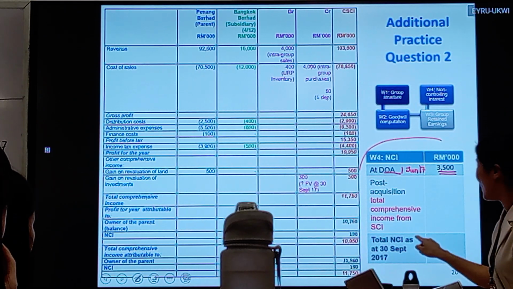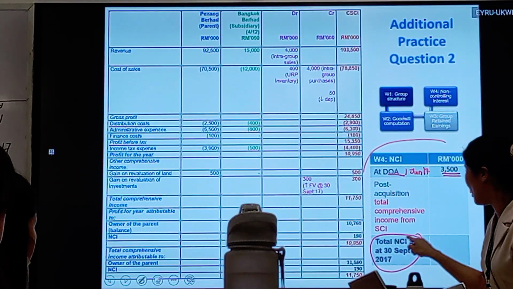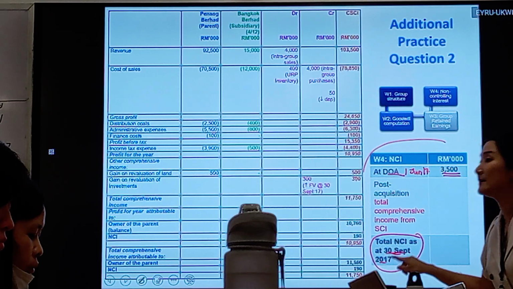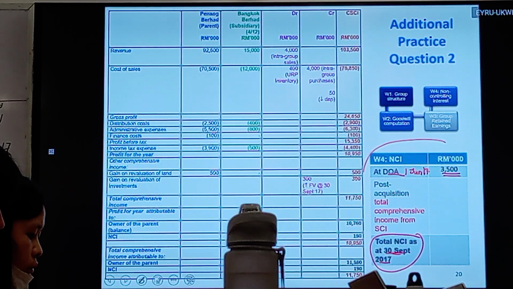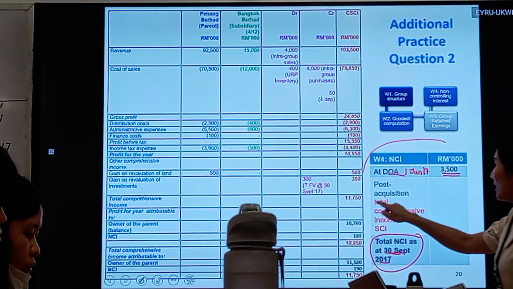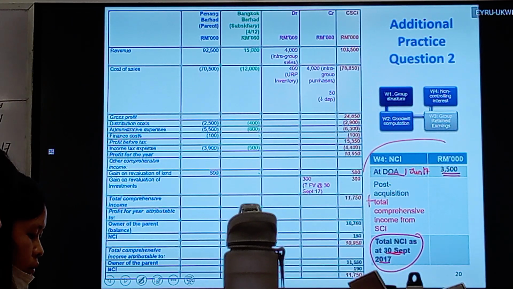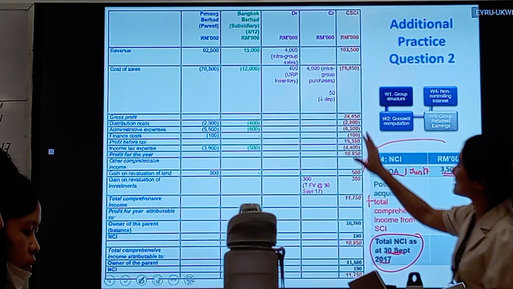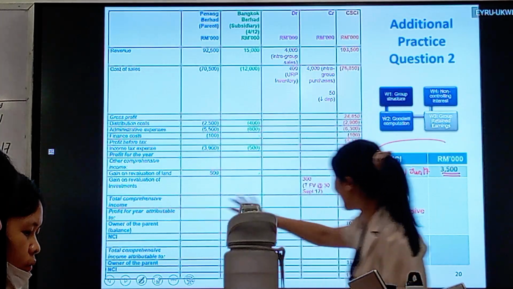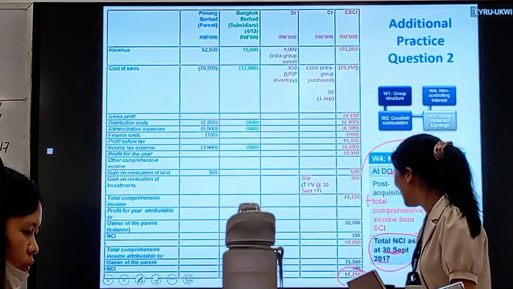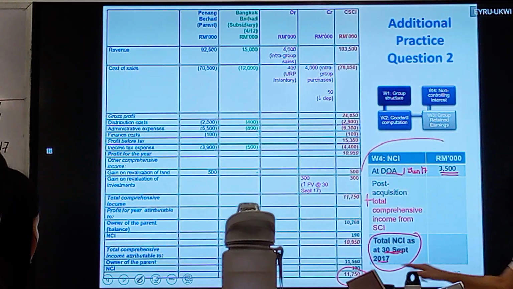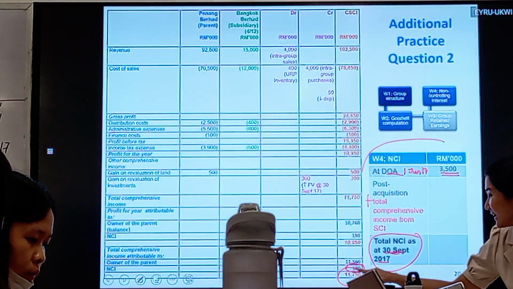But don't forget, we want our non-controlling interest as at 30th September 2017. So during that period, there are transactions happening. When you do your P&L, you calculate the total comprehensive income for your non-controlling interest, correct?